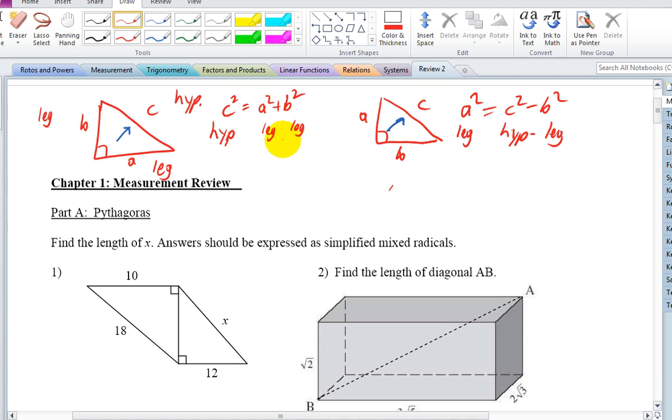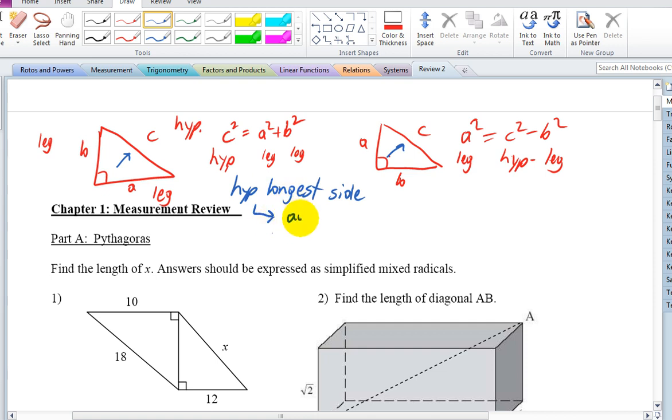Okay. So, got to keep in mind that the hypotenuse is the longest side. That's super important, because then you can check that you're adding to find it.